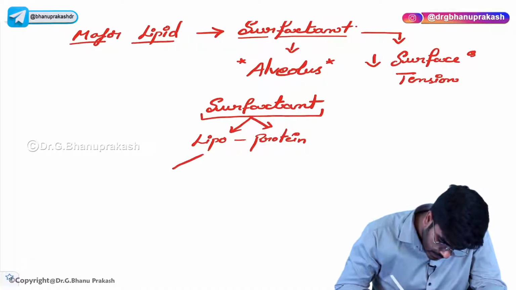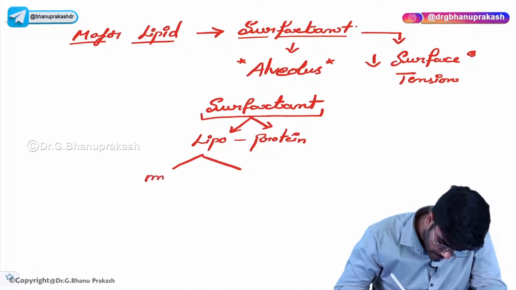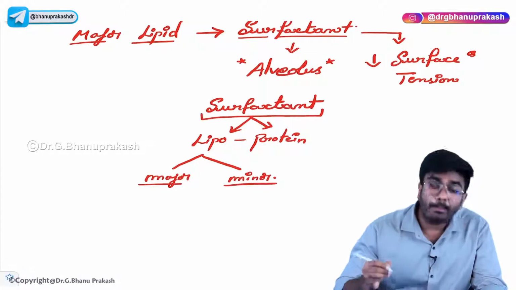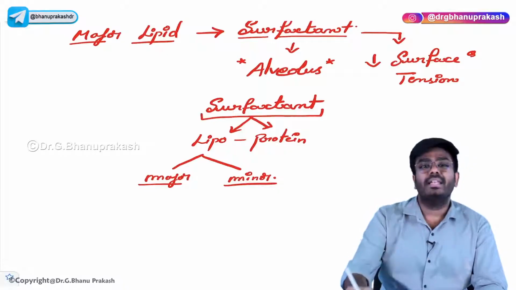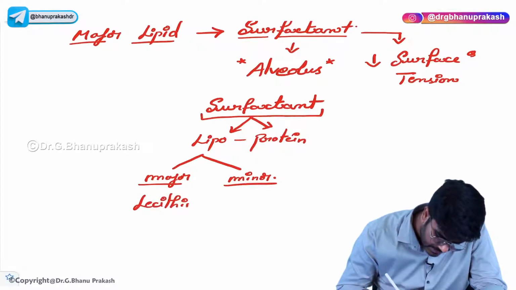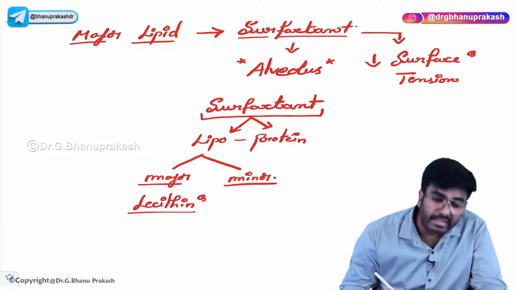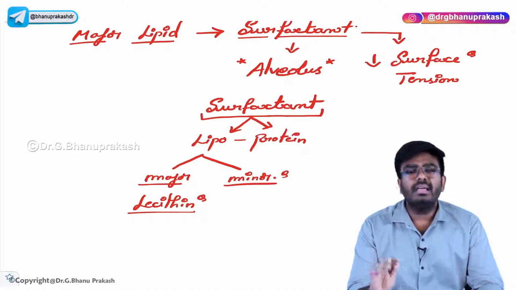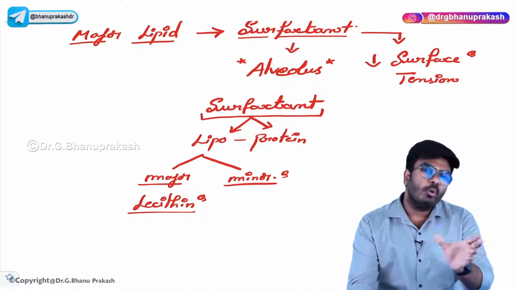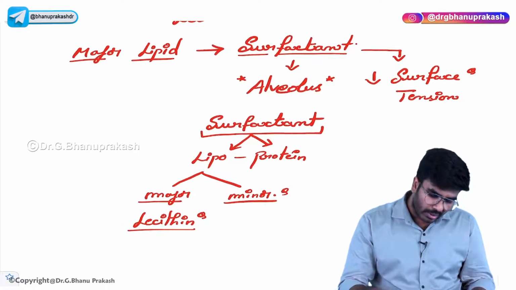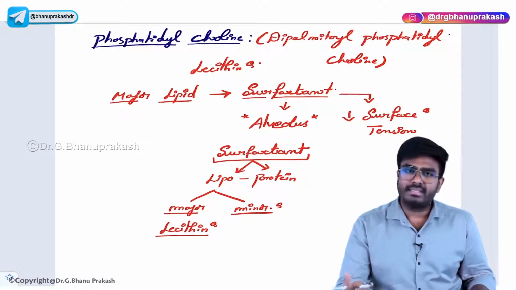Now these lipids are further divided into major lipids and minor lipids. What is the major lipid? Phosphatidylcholine, our lecithin, is the major lipid in the surfactant. Then who is the minor lipid? Don't worry, in the upcoming slides we will discuss who is that minor lipid. So the major lipid is nothing but dipalmitoyl phosphatidylcholine or lecithin.